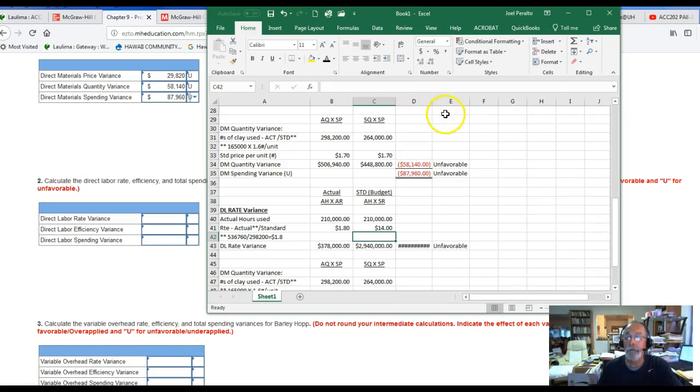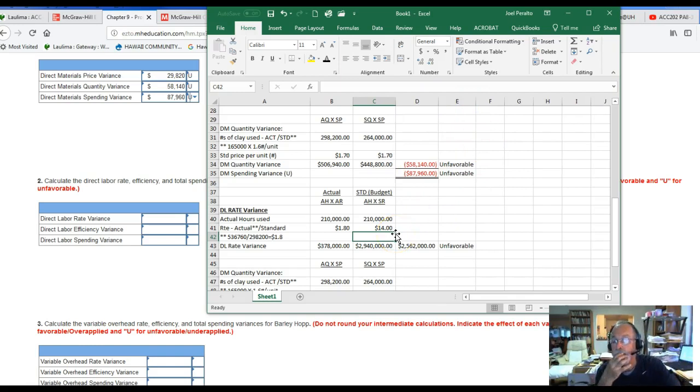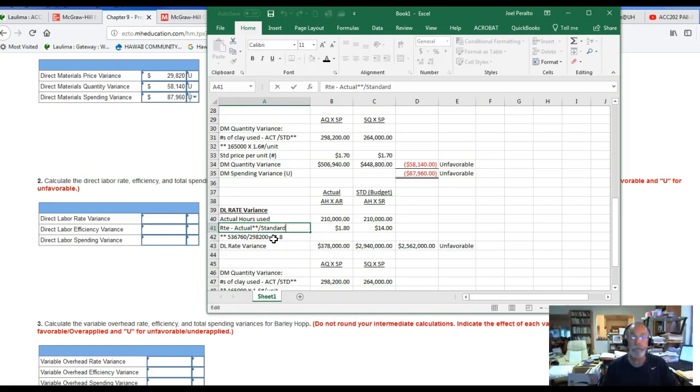So now we need to calculate our actual rate.